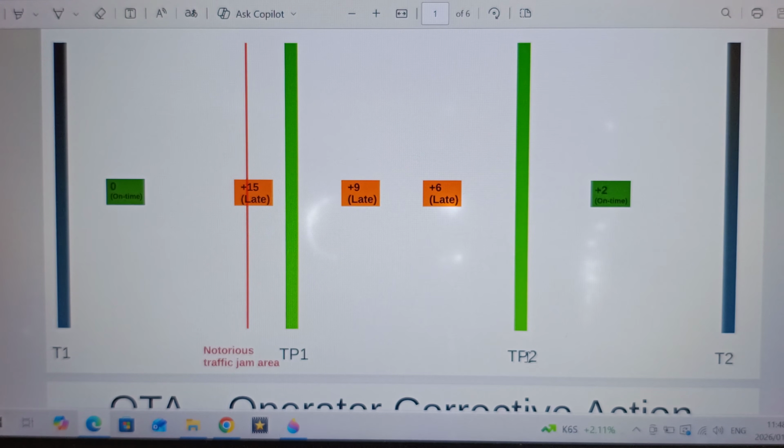As much as possible, you have to try to depart these stops on time, in the name of maintaining a consistent headway according to the bus service reliability framework, BSRF. T1 and T2 are just terminal 1 and terminal 2, assuming that it's a bidirectional service.